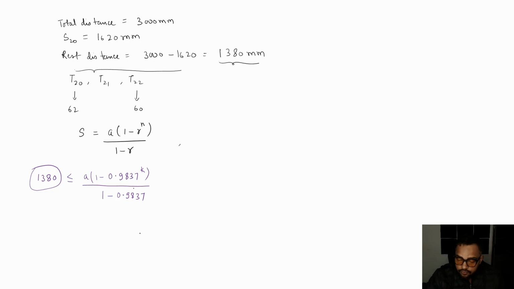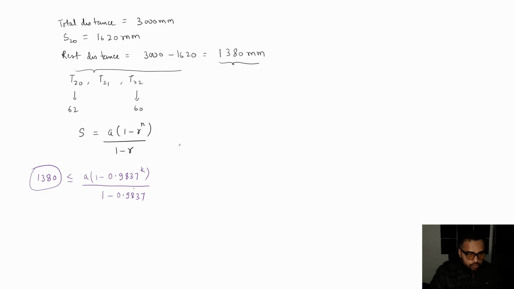Now I'm calculating it further. I have calculated, so I'll be writing the values here. On solving it further, we are getting 1 − 0.9837 raised to the power k. So 1 − 0.9837, that is 0.017, times 1380.